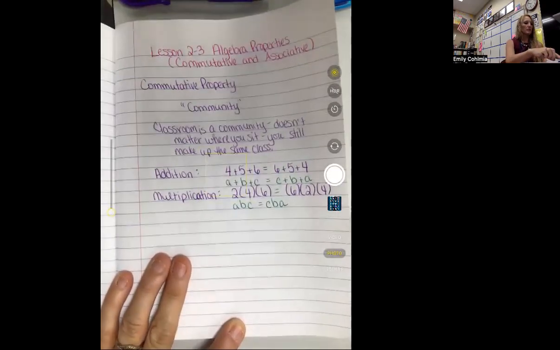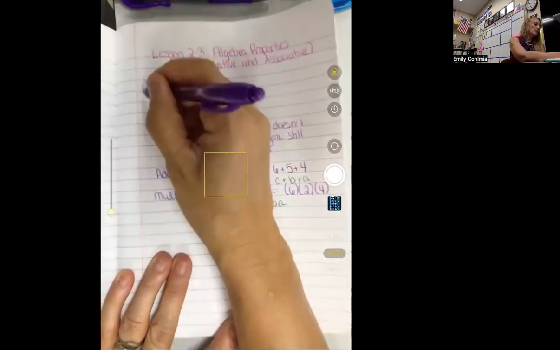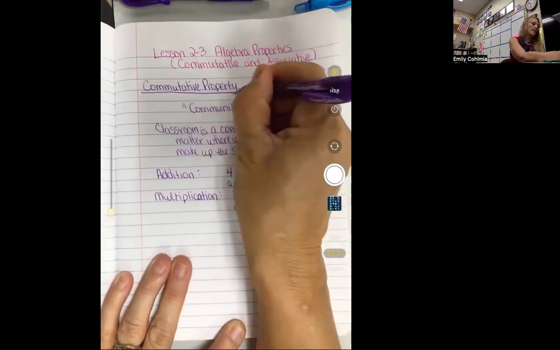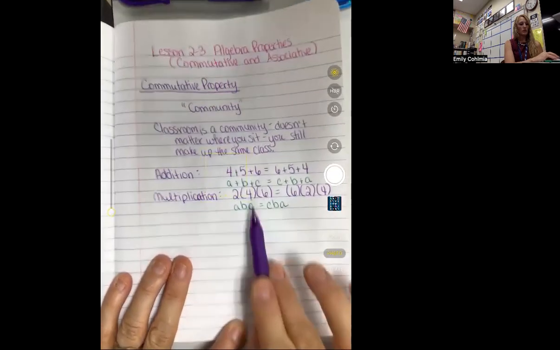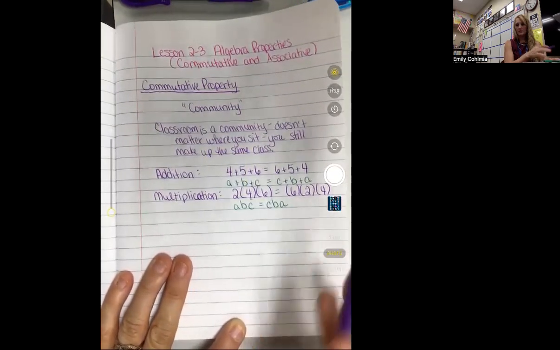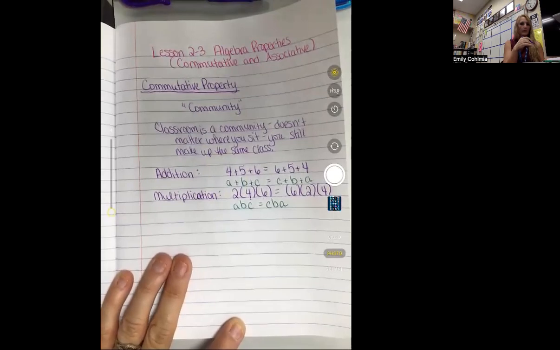That is all commutative property is. It just means that we can move numbers around in addition and in multiplication, and it's not going to change anything. Now, this is not order of operations, where if we have addition and multiplication, we have to be really careful. But notice that we only have addition, or only multiplication, and in this situation we can change things around and it doesn't matter.